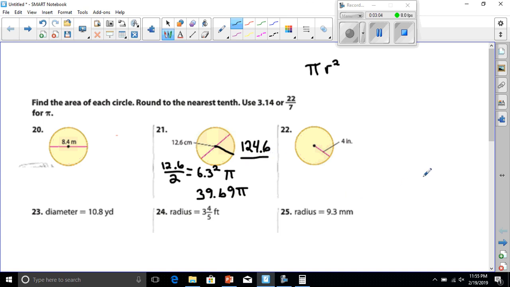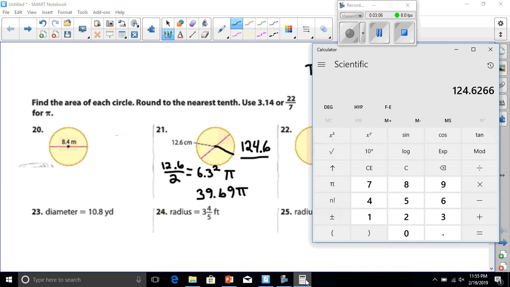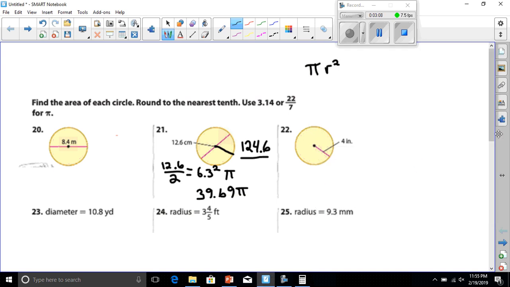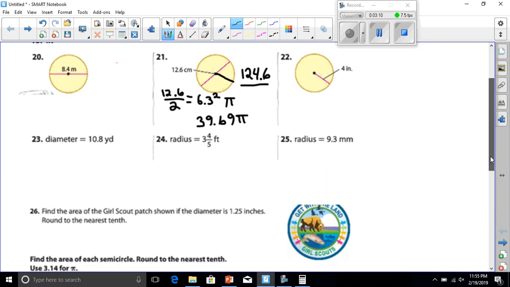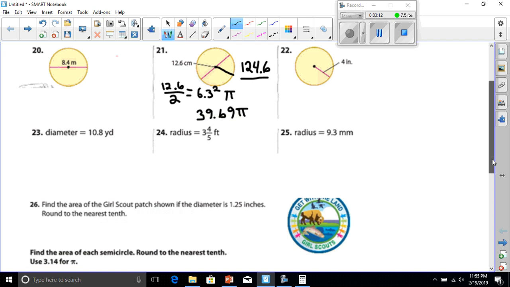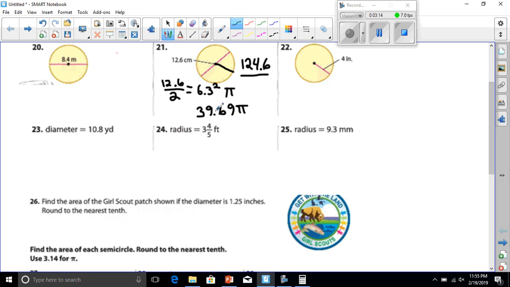All right, let's double check that. 124.6, yeah. Let's go to the next one. We've got number 23. A diameter equals 10.8 yards. That tells us right there that they're giving us the diameter. Once again, just like with number 21, we have to take half of that to get the radius.